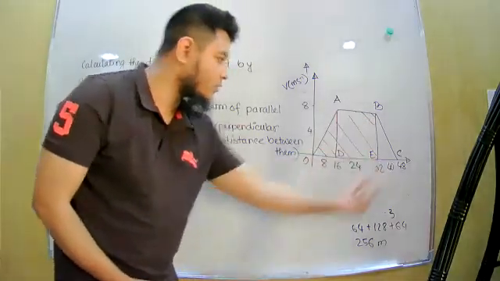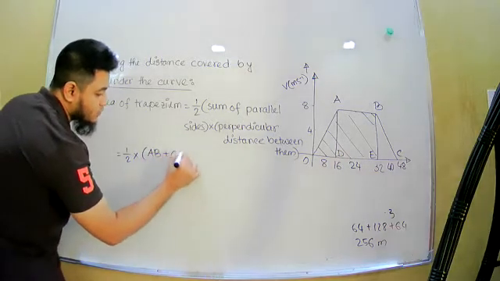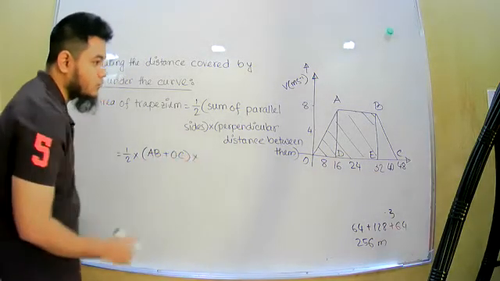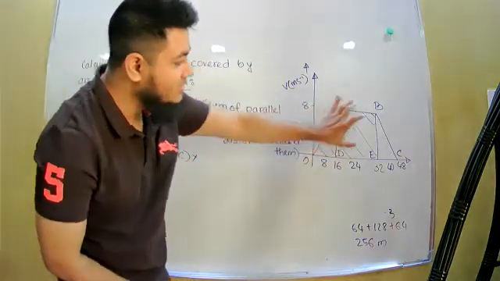AB আর OC, তাহলে AB plus OC, summation of parallel side into the perpendicular distance between them. You can write as AD or BE.